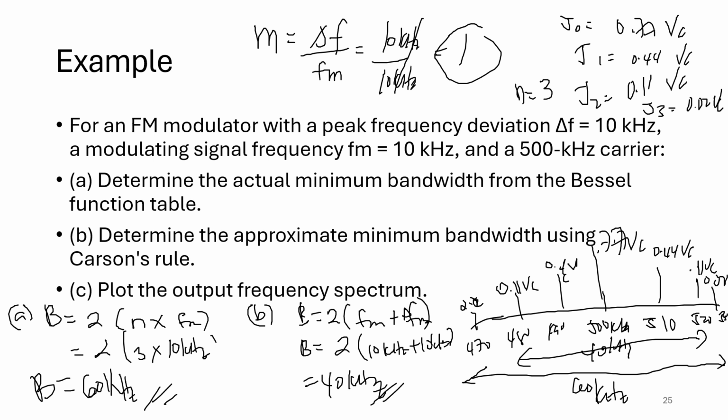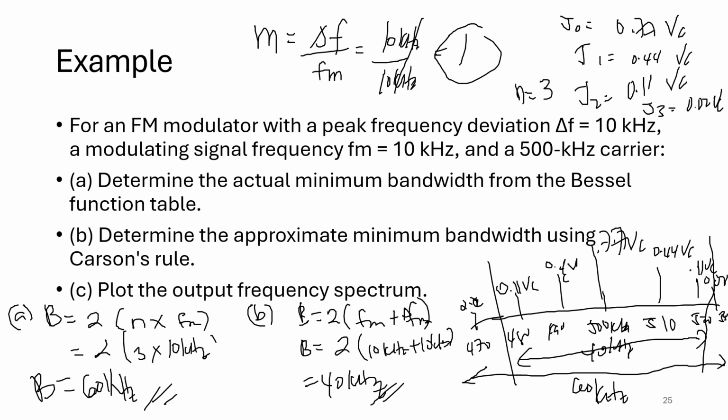So what is the difference? That means there is already a portion of our information that will not be included in the transmission of our FM signal. Because we have already cut the bandwidth to 40 kilohertz, some of the original information will not be transmitted.